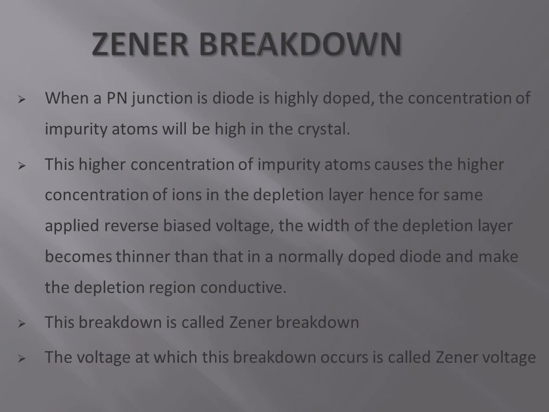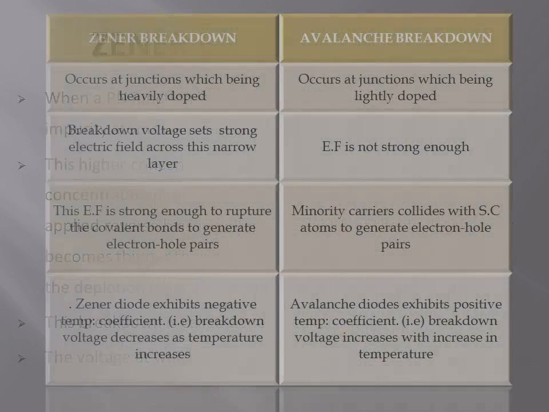This phenomenon makes the depletion layer conductive in nature. This point is called Zener breakdown. The reverse voltage applied to the junction at which this breakdown occurs is referred to as the Zener voltage.